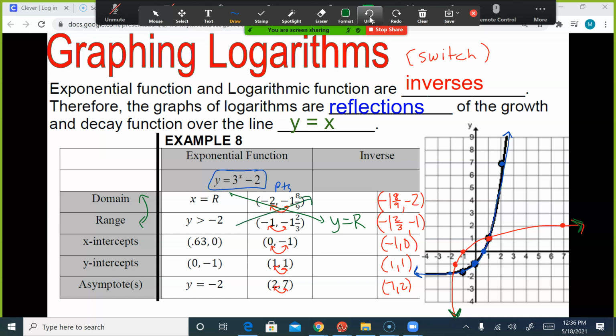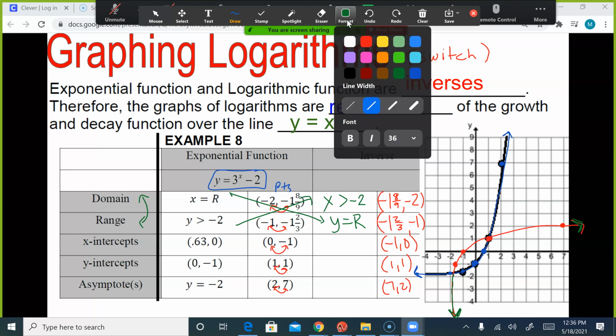And the domain now becomes x greater than -2, but it's x because it's the domain. So make sure you put x's for domain and y's for range. So again, this graph is not going to go past -2. It's going to get closer to it, but not actually past it.